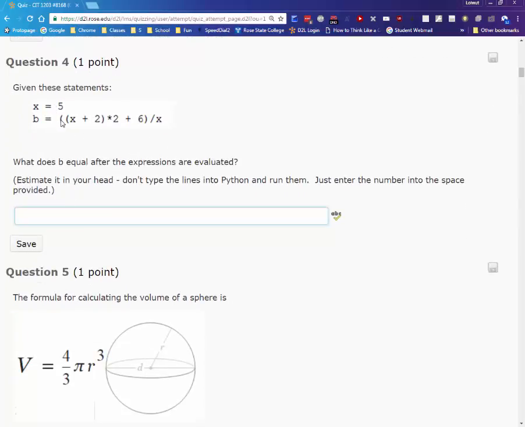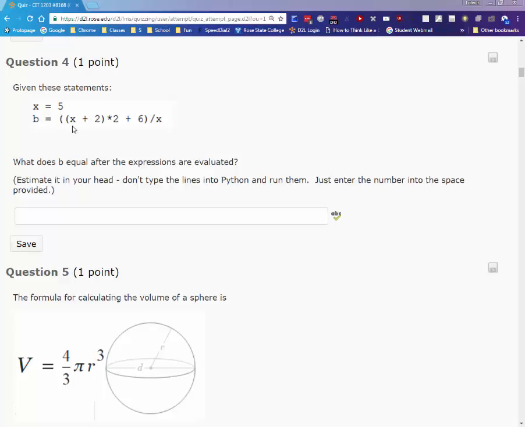So here we go. Given these statements, what does B equal? X is 5, so B is equal to this expression. So we have to evaluate it in the parentheses order and including the rules of precedence, PEMDAS. Looking at it, the innermost parentheses is x plus 2.